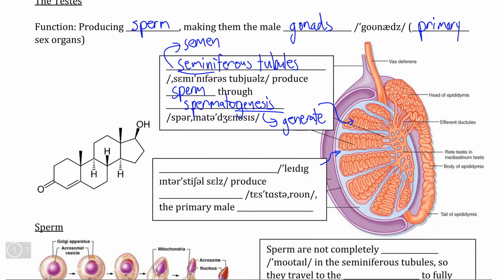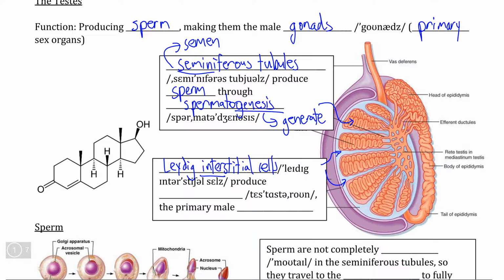Now, if we return to the structure of the testicle, we can see that there is a second type of tissue that forms barriers in between layers of seminiferous tubules, and these are what we call the Leydig interstitial cells, named after the biologist who first described them. An interstitial is just a fancy word that means in between multiple cell layers.